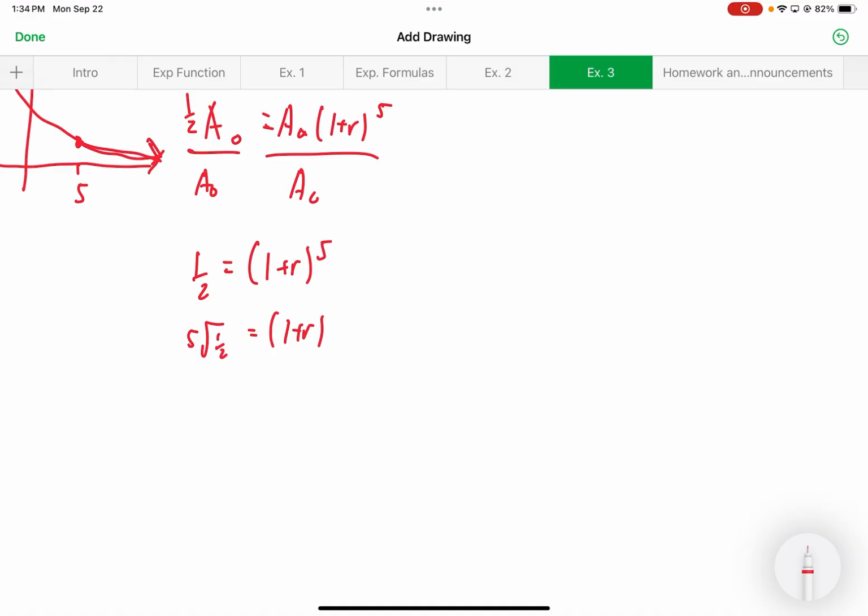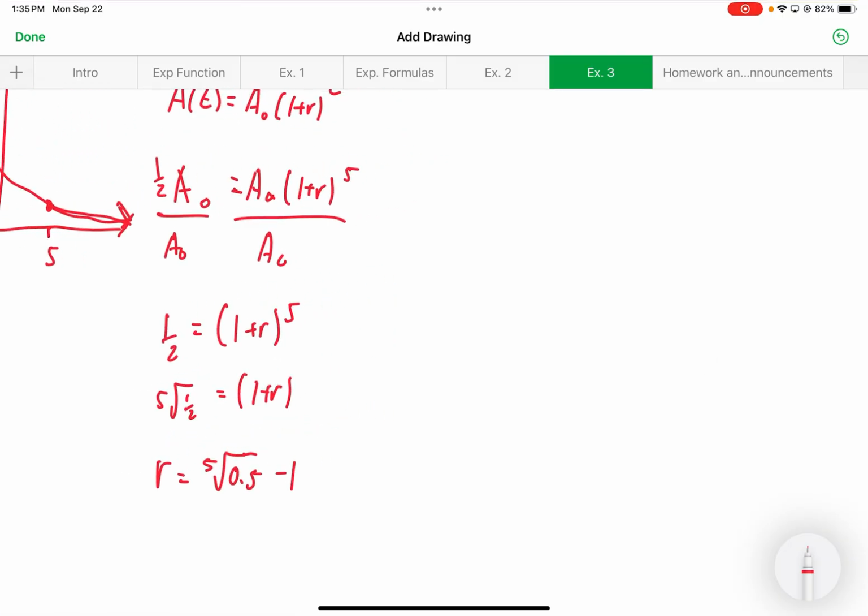I can very easily solve for r, and I would get that r equals the 5th root of 0.5, minus 1. Can I write 0.5 instead of 1/2? You guys cool with that? I could leave the 1/2 in there; it doesn't really matter.